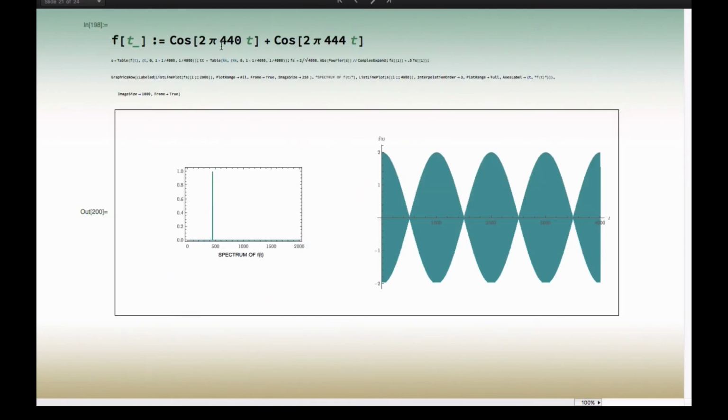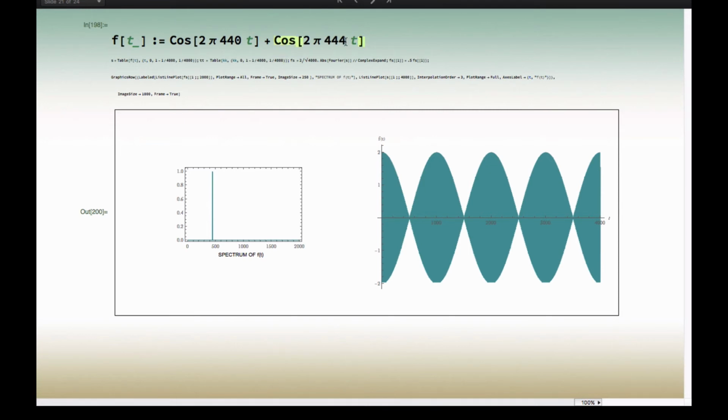So here, if I am adding a 440 hertz sinusoid to one that's out of tune, 444 hertz, we see the resulting time domain signal showing this envelope that's oscillating at the beat frequency, in this case 2 hertz.